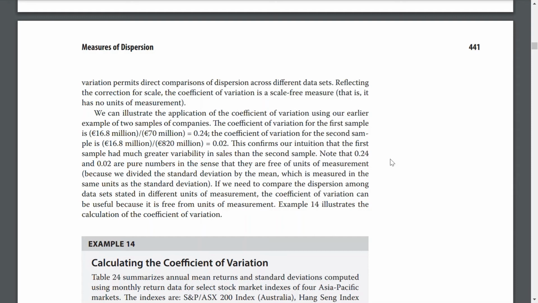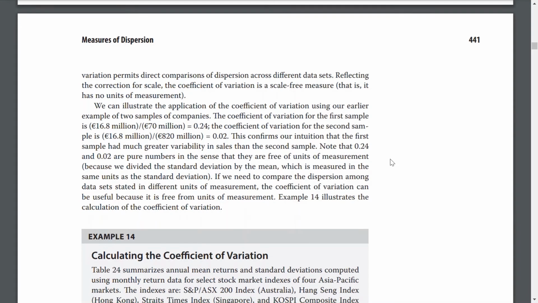This confirms the intuition that the first sample had much greater variability in sales than the second sample. Note that 0.24 and 0.02 are pure numbers in the sense that they are free of units of measurement, because we divide the standard deviation by the mean, which is measured in the same unit as the standard deviation.